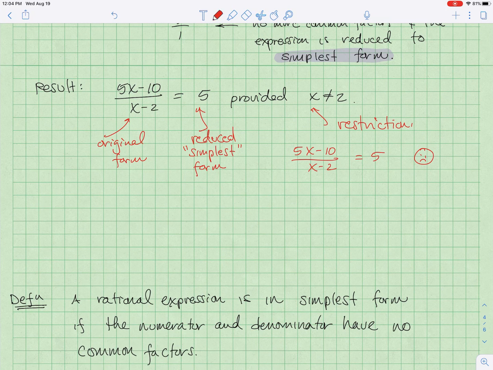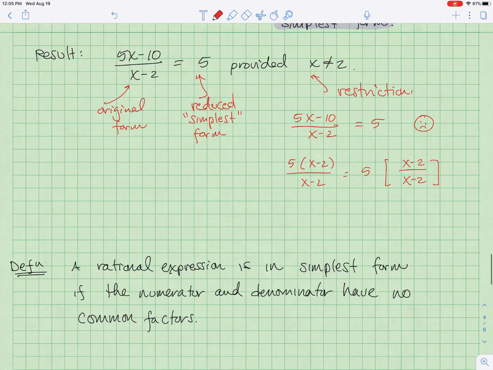As we did up above, this is 5 times x minus 2 over x minus 2, which can be rewritten as the number 5 times the quantity x minus 2 divided by x minus 2.